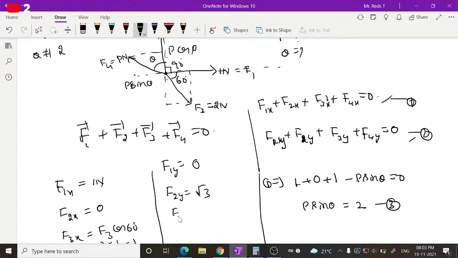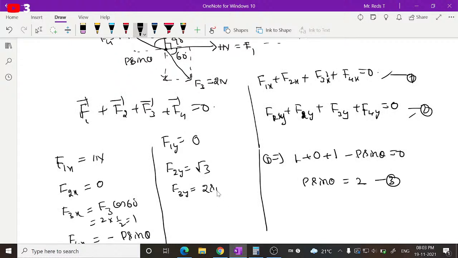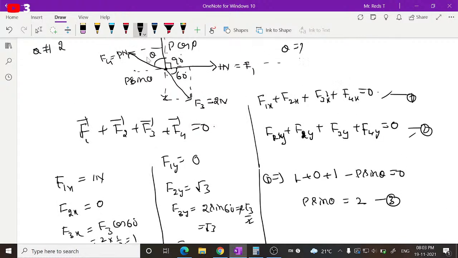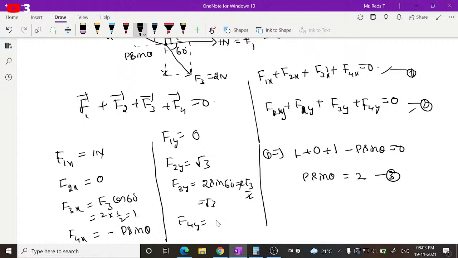For f3y, the third one is making an angle theta with the x-axis, so the x component is f cos theta and the y component is f sin theta, that is 2 sin 60. Sin 60 is root 3 by 2, so 2 into root 3 by 2, the 2s cancel, and you get root 3. Whereas f4y is the y component of the fourth vector, p cos theta, acting along the positive y direction.